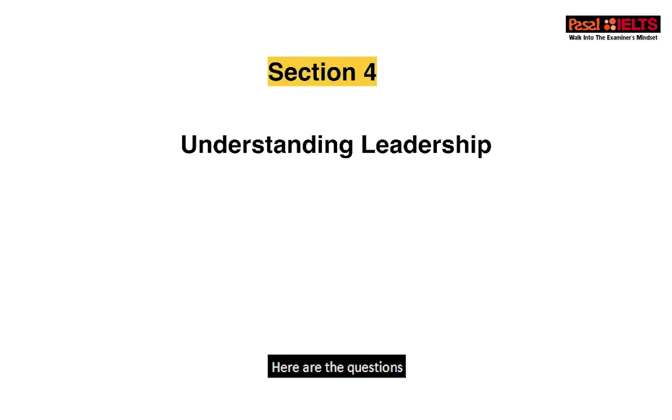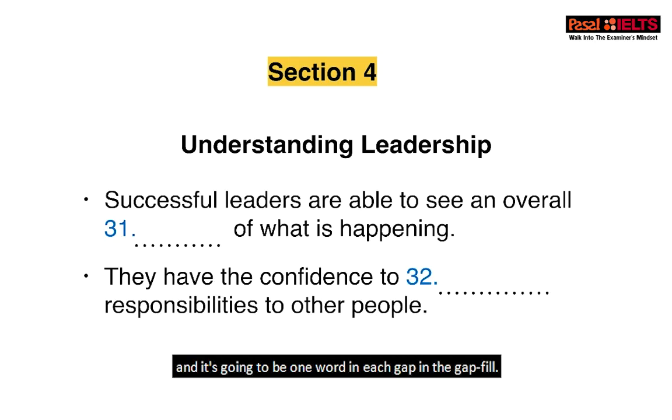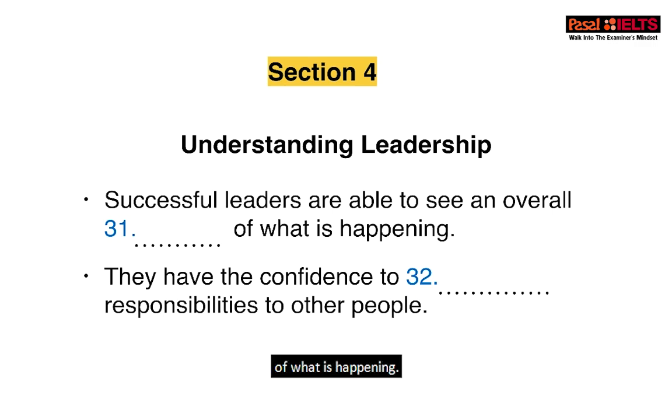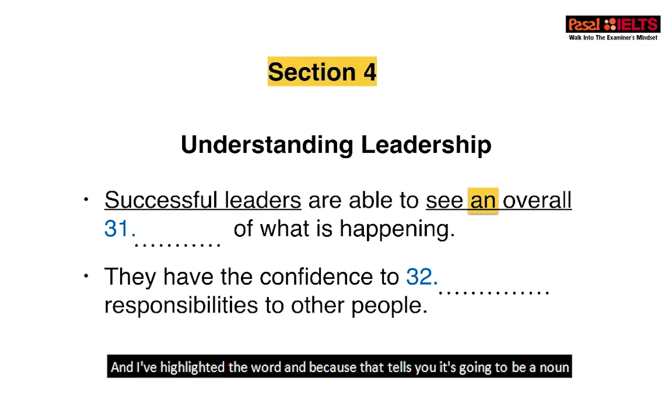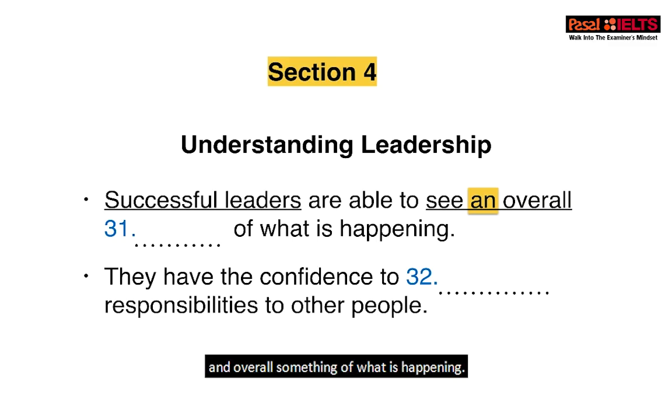Here are the questions, and it's going to be one word in each gap in this gap fill. So the first one, successful leaders are able to see an overall something of what is happening. Let's underline the key words. Successful leaders see an overall. And I've highlighted the word an because that tells you it's going to be a noun. An overall something of what is happening.